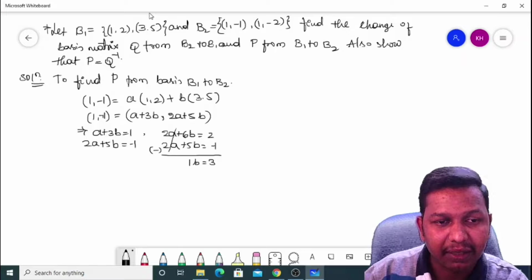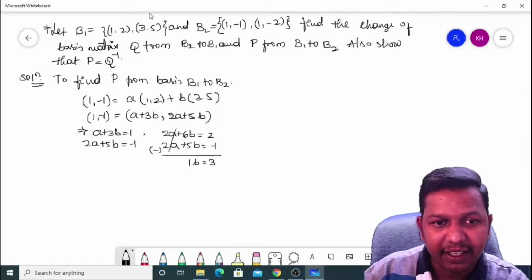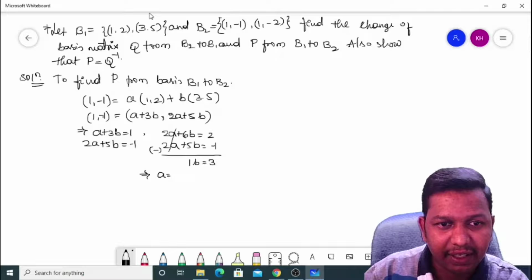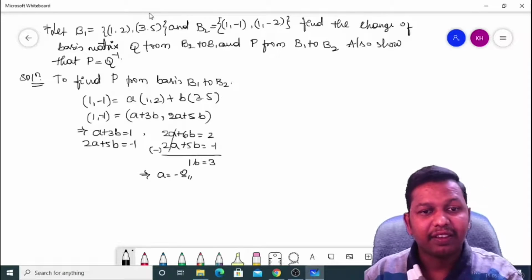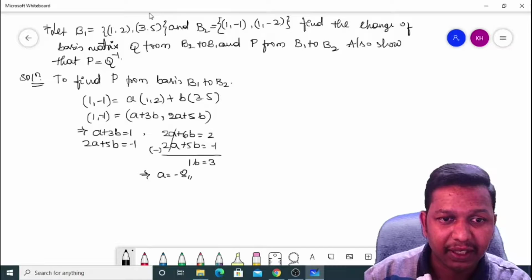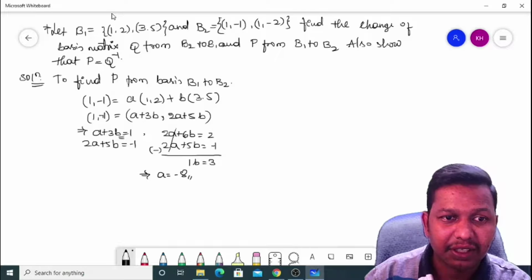That means B value equals 3, and since B is equal to 3, we get the value of A is equal to -8 by substituting the B value in either of these equations.